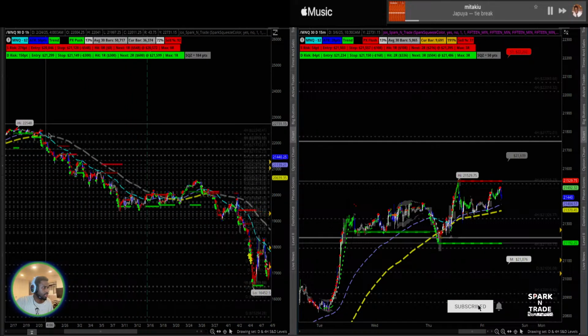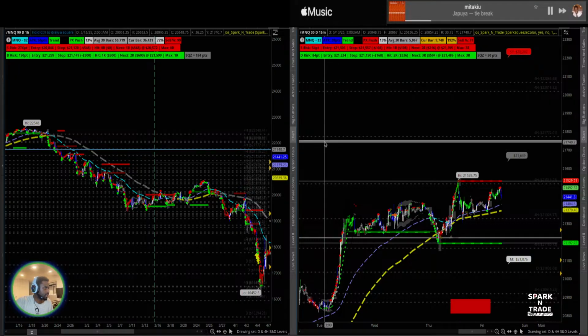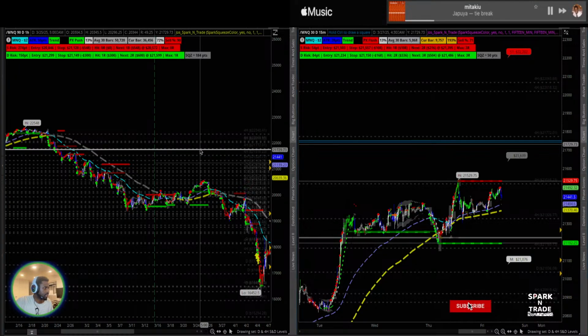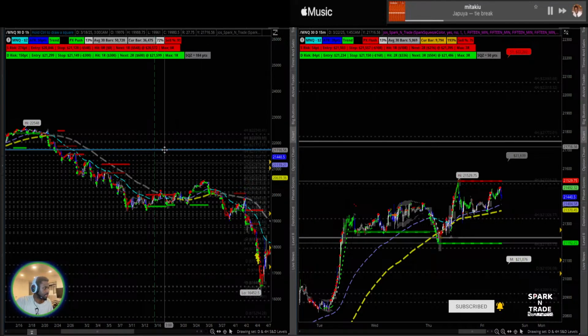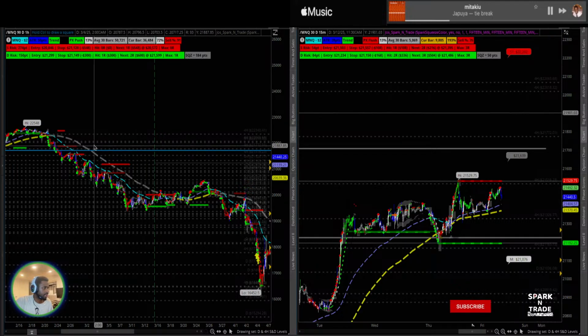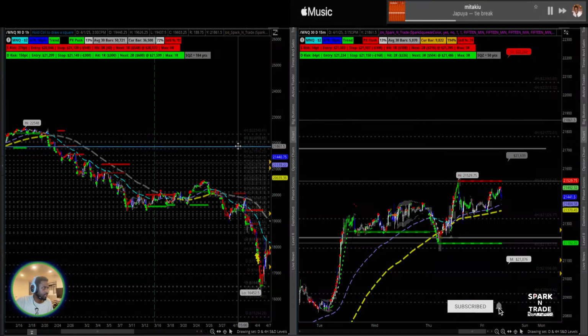Now we can go and take this line. It's so weird. Okay, I thought I was tripping. So we can take this line now and just put it right there.